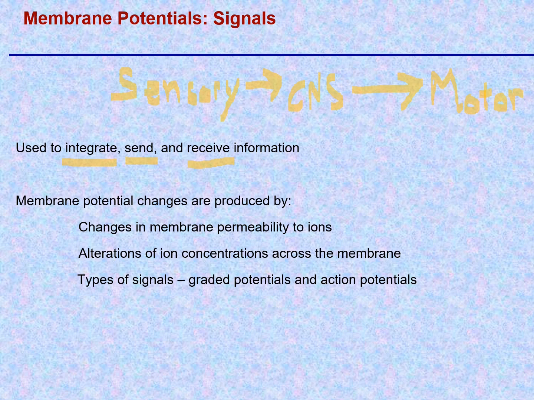And that can be produced if you get that sudden change in membrane permeability, if channels open, and the right channels, or if you have change in ion concentrations. There are two major kinds of signals that can occur. One is called a graded potential, and the other is an action potential. And we'll talk about those in the next few slides.